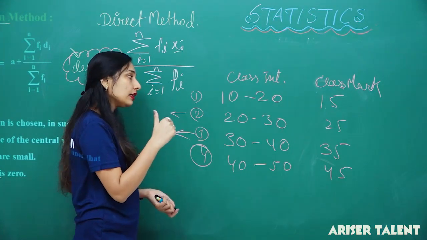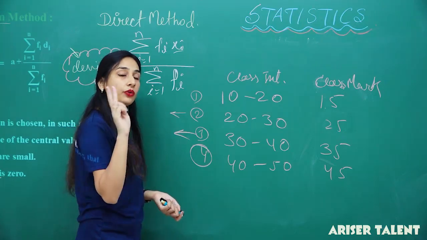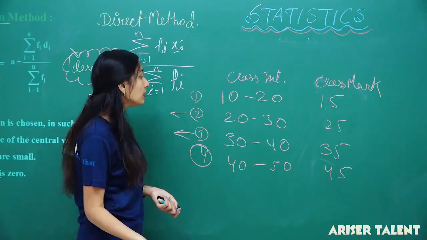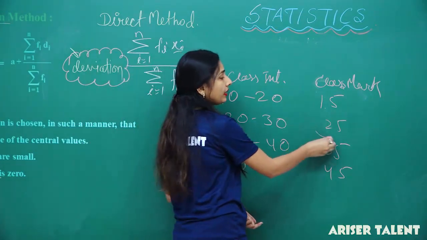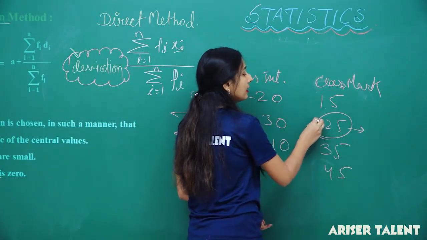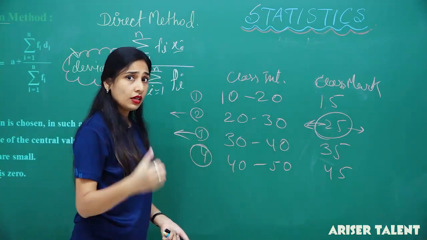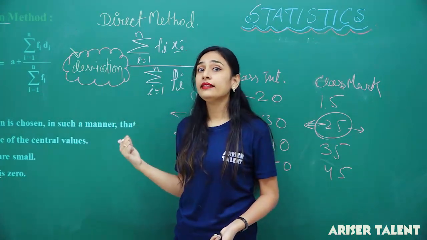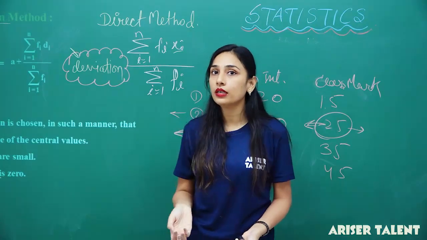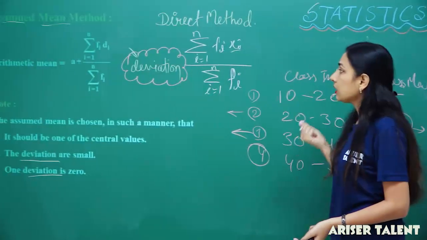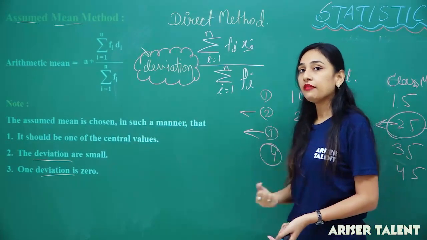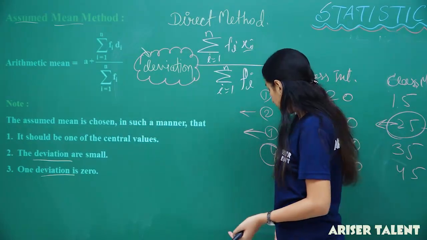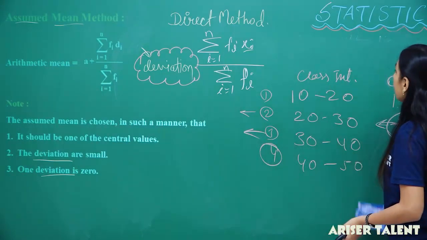But in the case of even numbers, we have two central values, and from these two we can pick any one. So I can pick this 25 and mark it as our central value, and from it we take the deviation. We will understand this more clearly when we solve questions step by step.